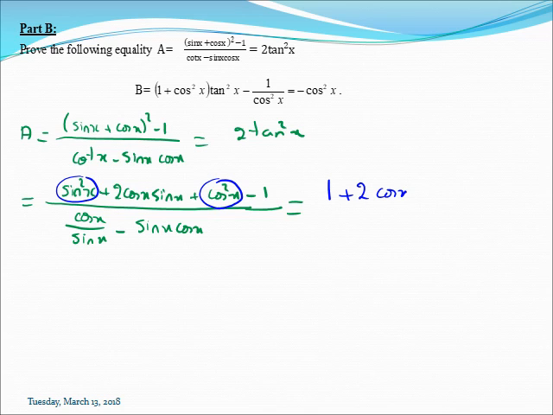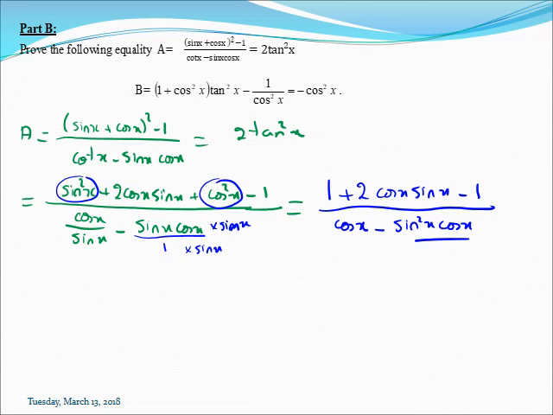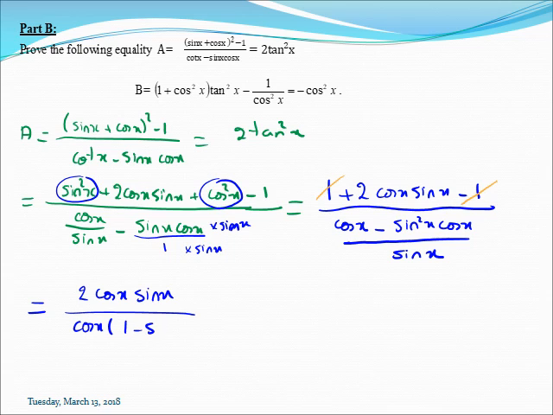Plus 2 cosine x sine x minus 1 over, same denominator, multiply by sine x, so it's cosine x minus sine square x cosine x over sine x. 1 minus 1 is 0, so 2 cosine x sine x over cosine x common, 1 minus sine square x over sine x.